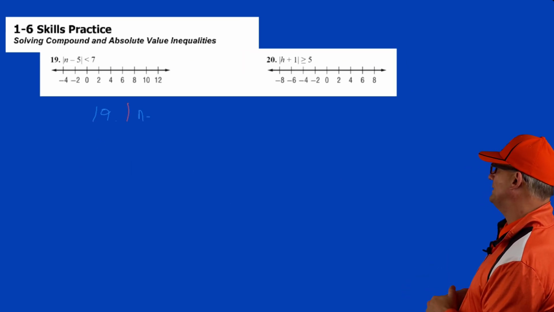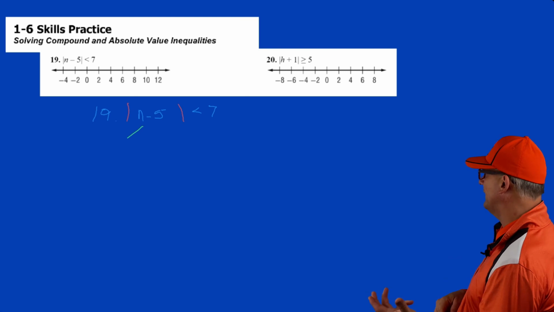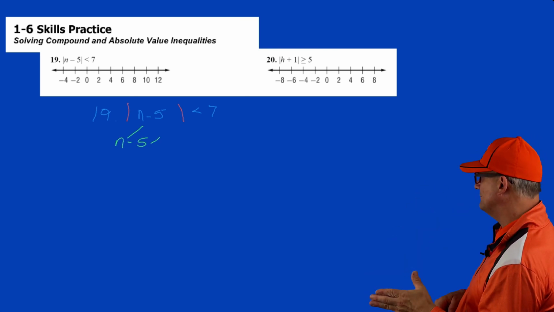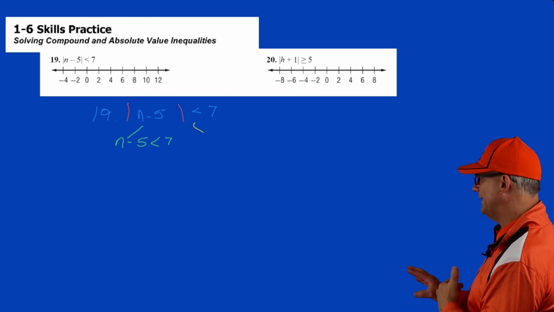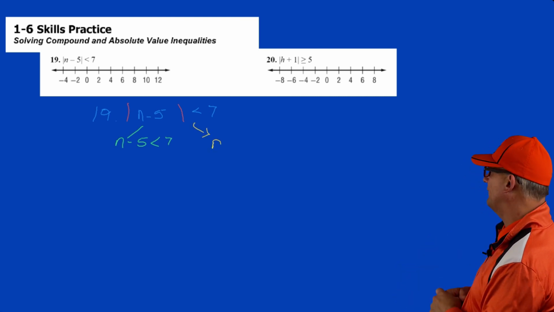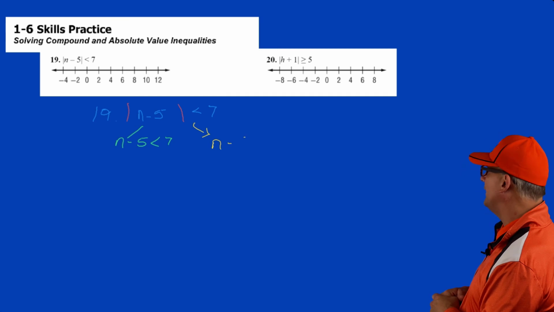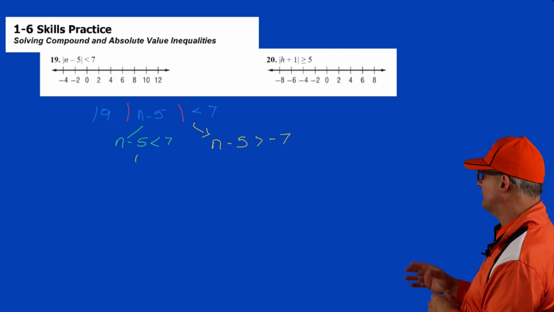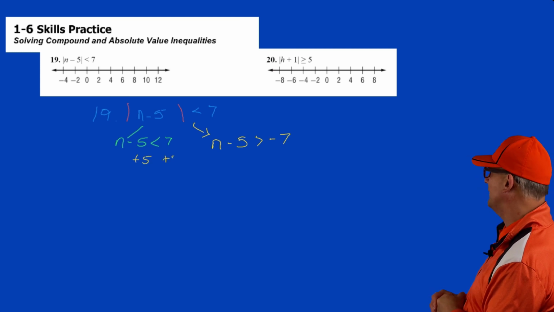All right, number 19, here we go. N minus 5 less than 7. So what do? We're going to rewrite it again. n minus 5 less than 7, just the way it is, and then n minus 5 greater than negative 7. Remember, flip the inequality on the second expression that you're going to change to negative.